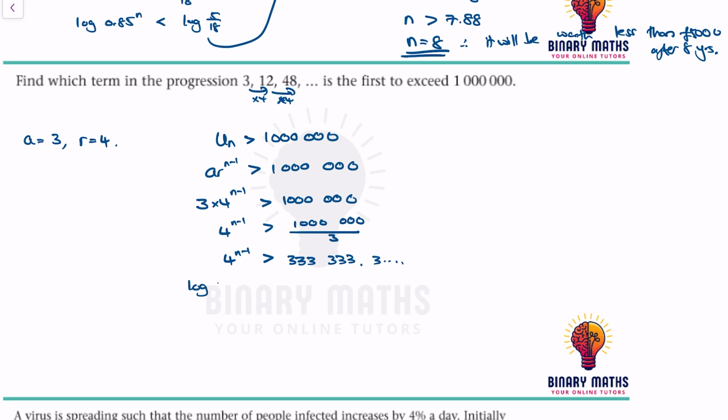Okay, you need to take logs on both sides. So log of 4 to the power of n minus 1 is greater than log of 333,333.3 recurring.